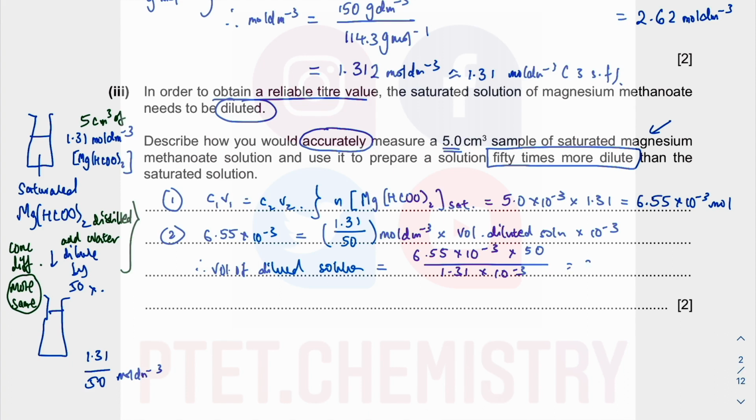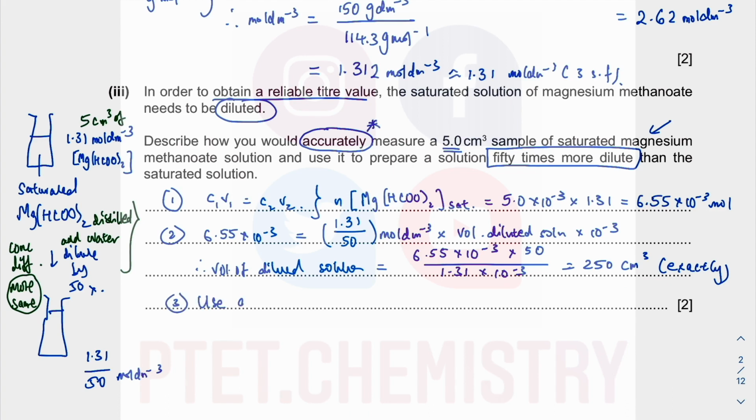And I get 250 cm³. Exactly. Well, at least that's what my calculator showed me exactly. Alright. And that seems to be a good sign, because making up to 250 cm³ is nice and easy with a 250 cm³ volumetric flask, something you will have known, yeah? But this question is not about making up the solution, it's about how would you accurately measure out.